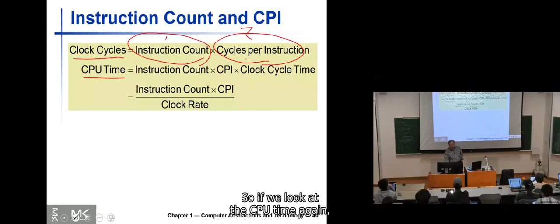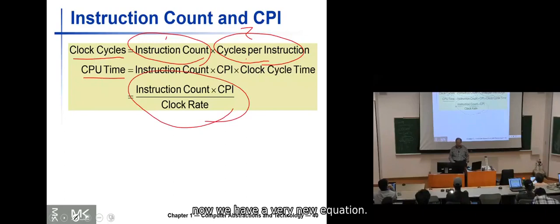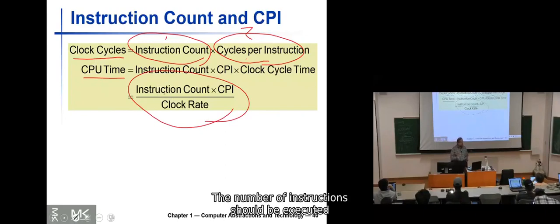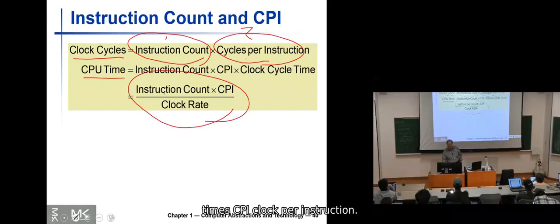So if we look at the CPU time again, now we have a new equation: instruction count, the number of instructions to be executed, times CPI, clocks per instruction, meaning how long each instruction takes, divided by clock rate. So this is the new equation.